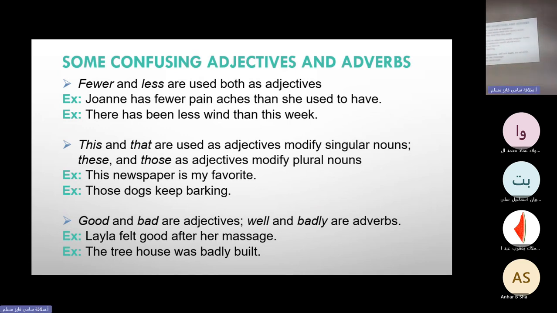Okay. Good and bad are adjectives. Well and badly are adverbs. Okay. And hard. Go on. Read the examples.